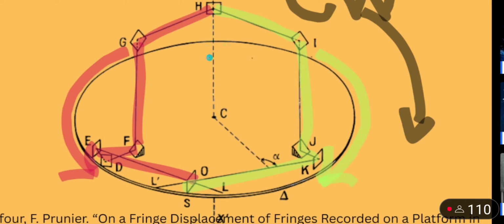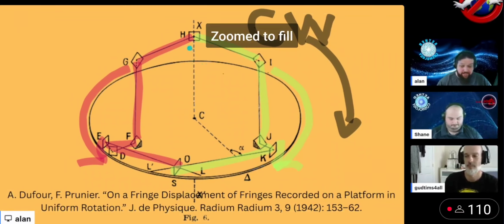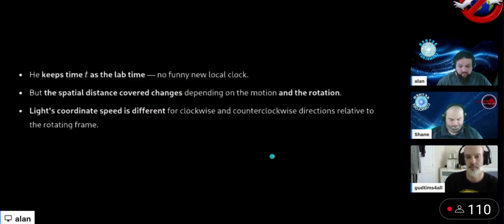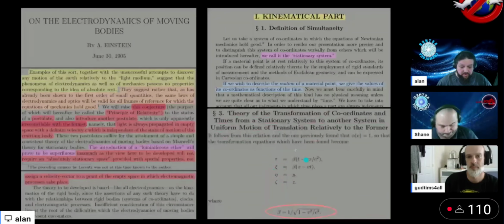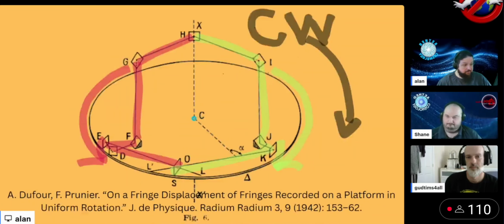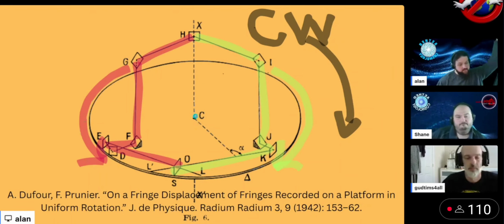Now, if you wanted to use a fictitious frame, which is what they end up having to do, you would apply this Lorentz transformation. You would take the coordinates, starting with the midpoint of this apparatus, and then you would have the motion. All your length contraction and time dilation would be done by an observer fixed to the rim here, rotating relative to this fixed midpoint.